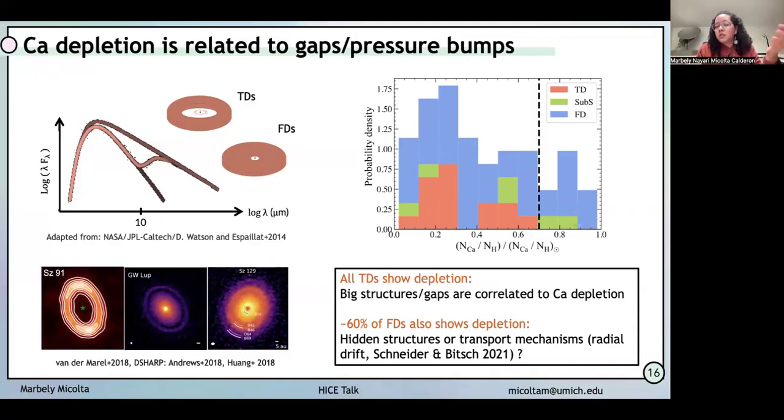This is especially true for the Chamaeleon I sample, since it doesn't have high resolution imaging. Most of the stars only have resolved gaps above 50 AU, which is huge, so there is a big uncertainty mark there. But it could also be part of that transport mechanism or radial drift that I mentioned before. So it's an open question: what does this portion of full disks that are highly depleted mean?